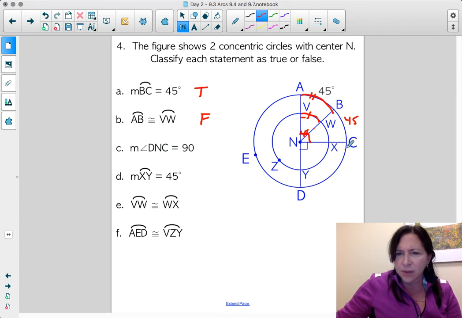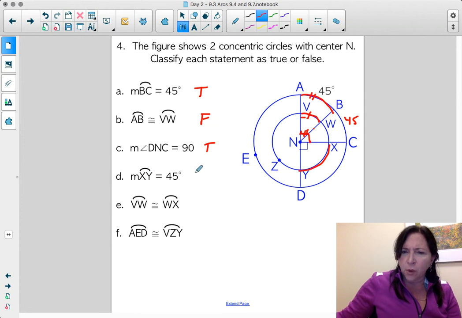DC, the measure of that angle, is 90 degrees. That's true. Arc XY, this arc right here, is equal to 45 degrees. True or false? This arc right here is not equal to 45 degrees. False. VW is equal to VX or WX.